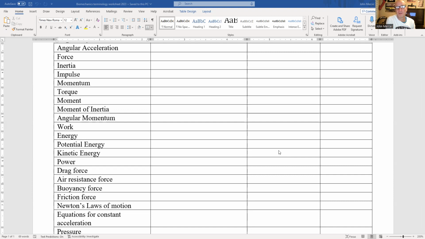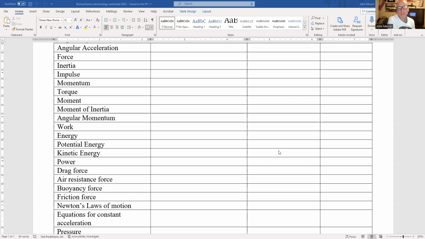Potential and kinetic energy are forms of mechanical energy. Potential energy is the capacity to do work based upon maybe position, and then we use the equation mgh, or maybe it's based upon how much a spring is stretched or compressed, 1/2 kx squared. Potential energy still has the units of joules, and it's the potential to do work based upon something.